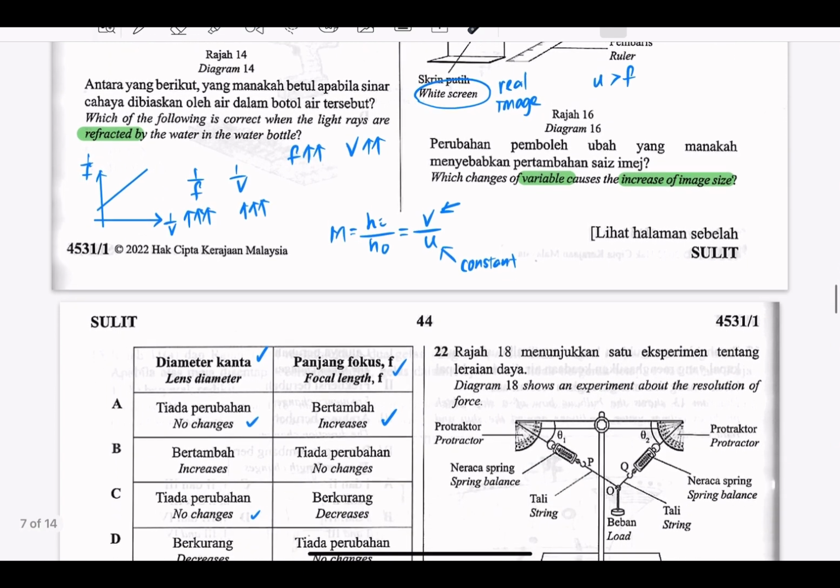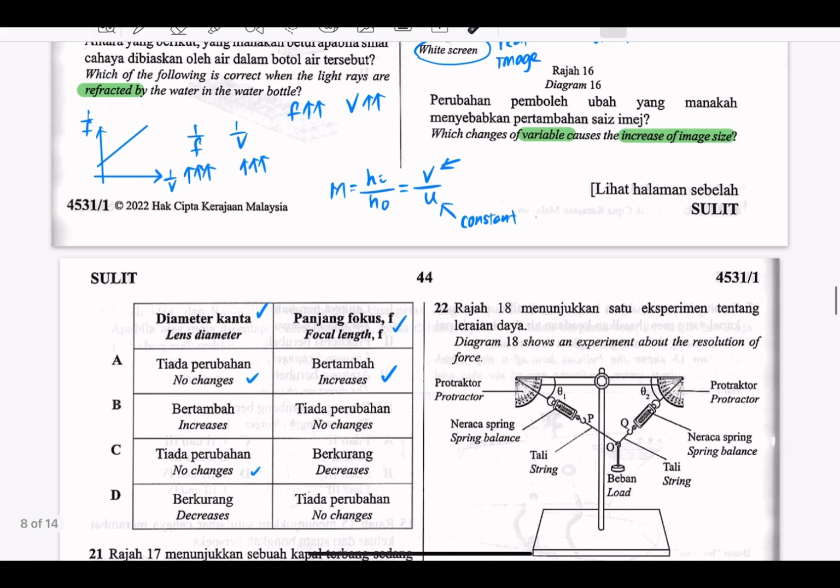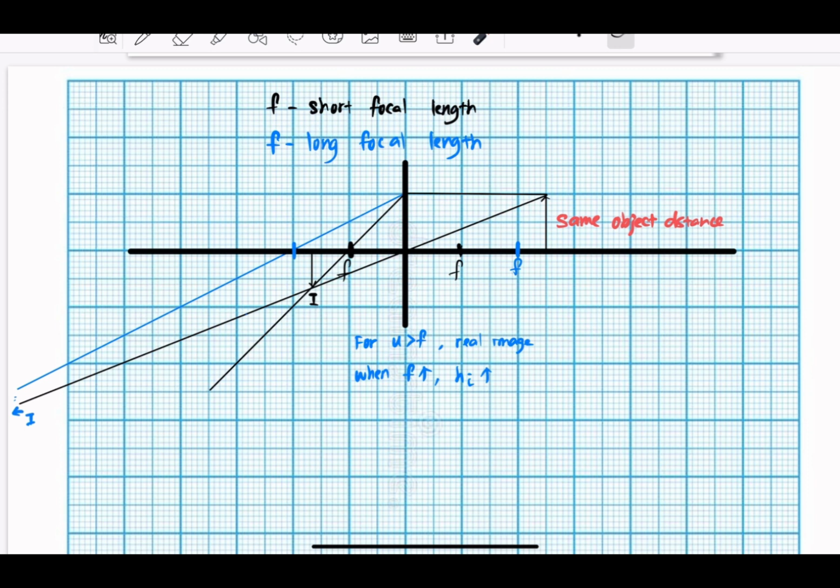Later on, I will draw a ray diagram to show you why, when the focal length increases, the size of the image will increase. So the answer is A.